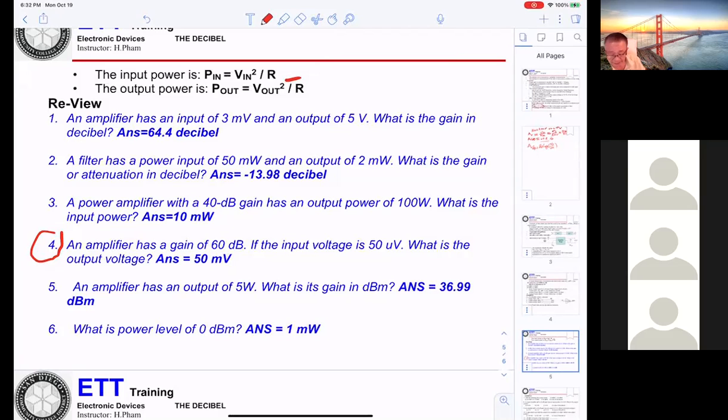So if you got number 4, go ahead, finish number 5, number 6. Number 5, amplifier output 5 watt. What they want is converting to dBm.